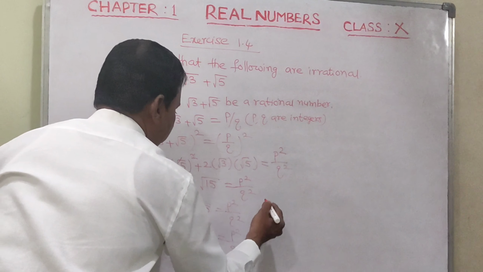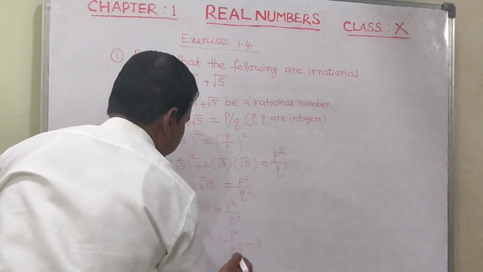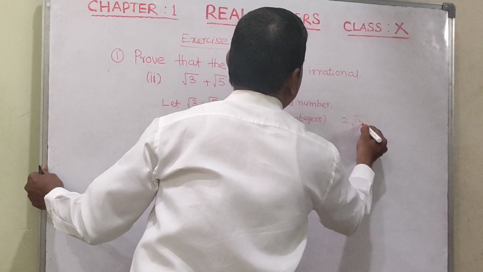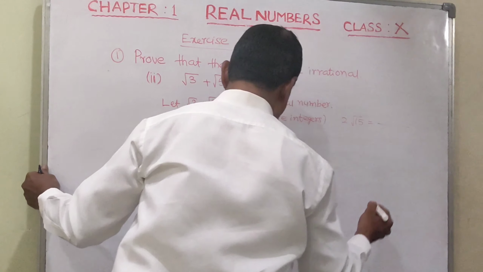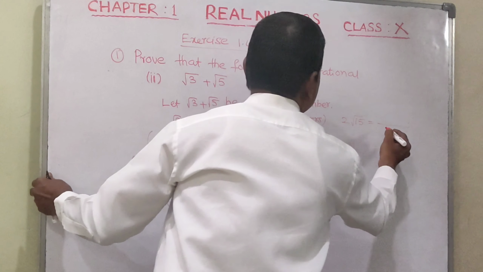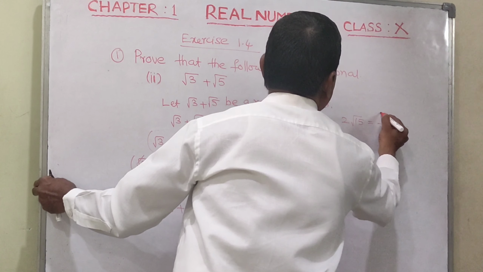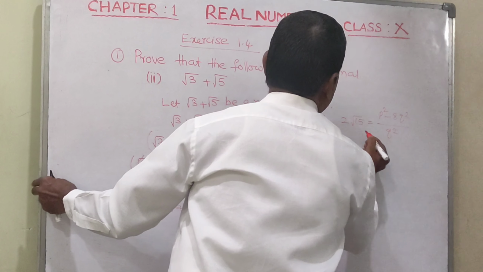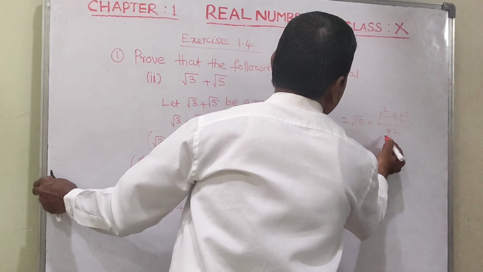Take this 8 to the right side, minus 8. 2 root 15 equals, taking the LCM, q square, here you will get p square minus 8 q square. You take this 2 to the denominator.